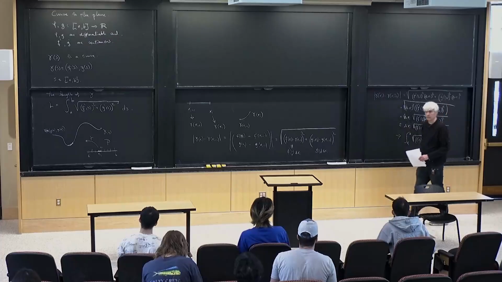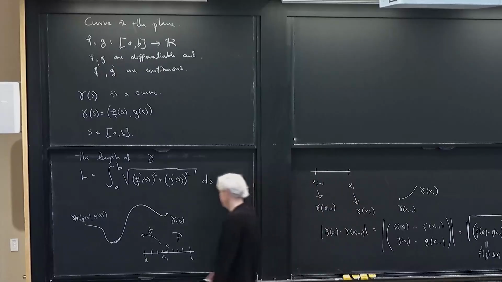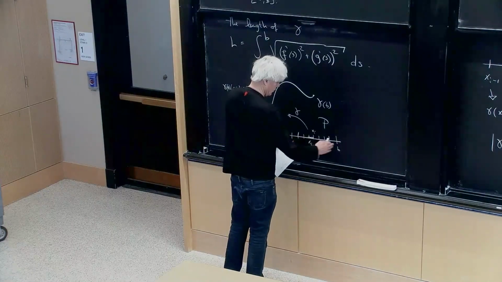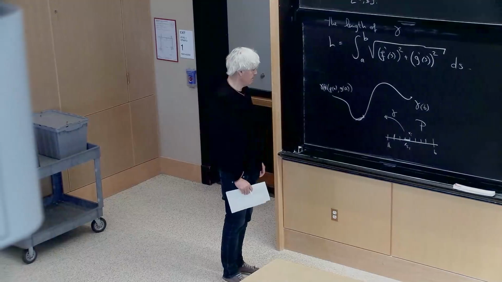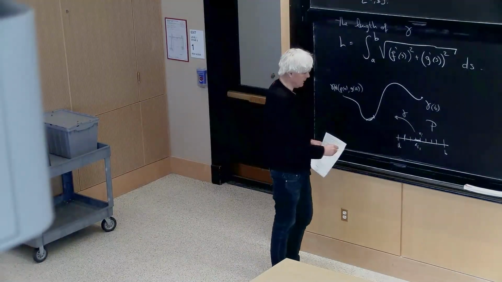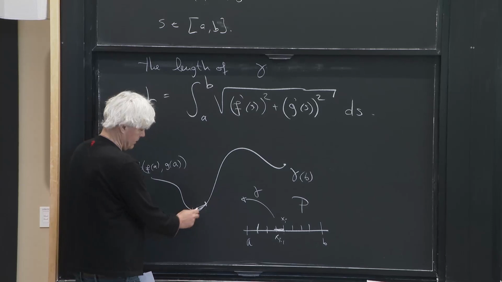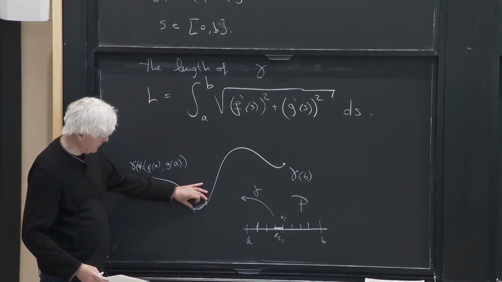Right. So that's why. You take this little curve, it's parameterized by a to b. You look at a partition, and on each of these little intervals you approximate the curve by the line segment.